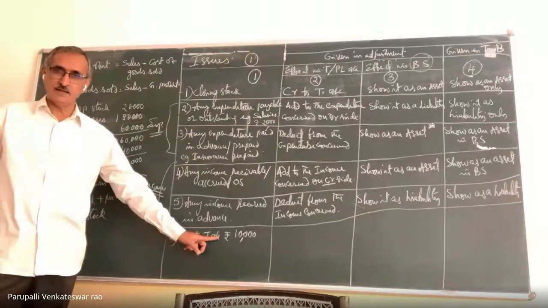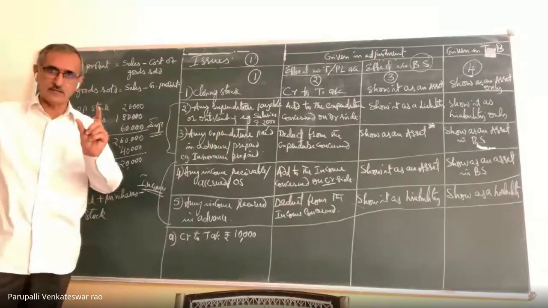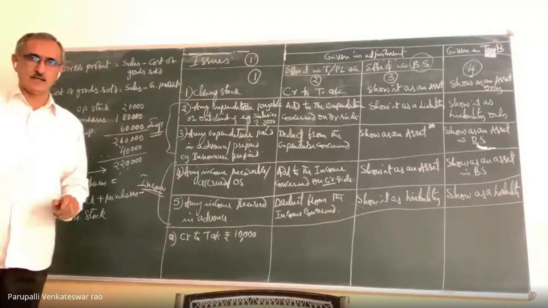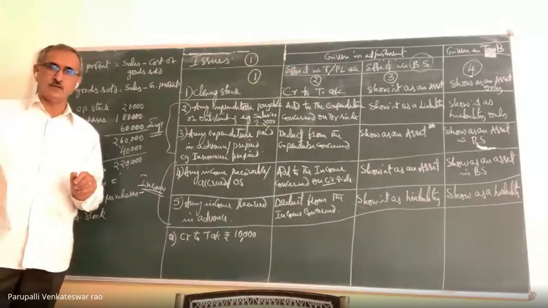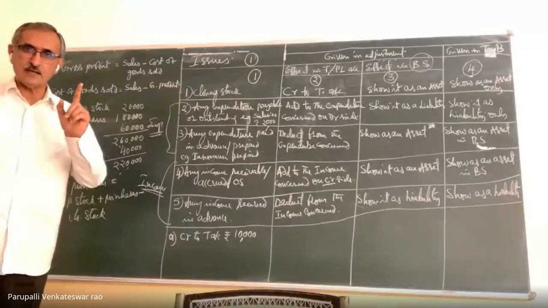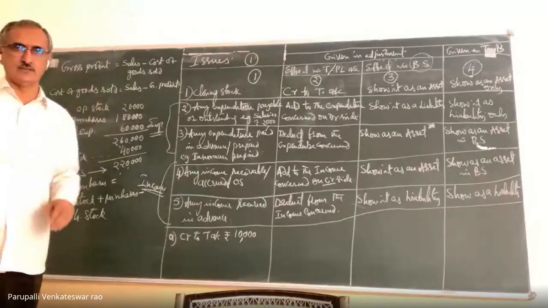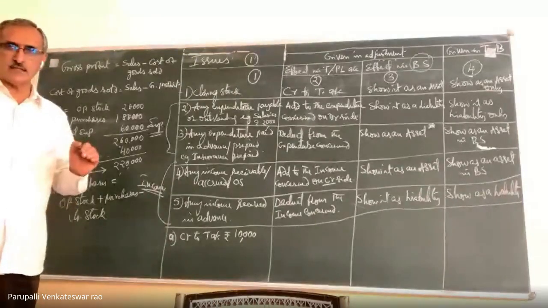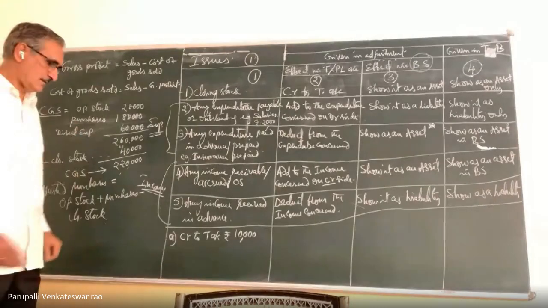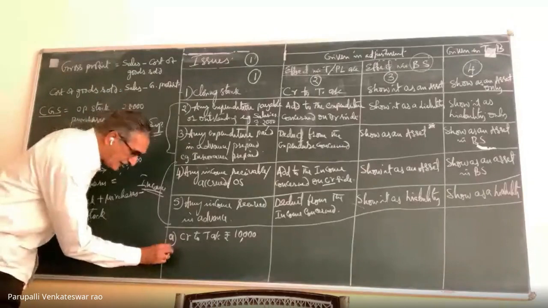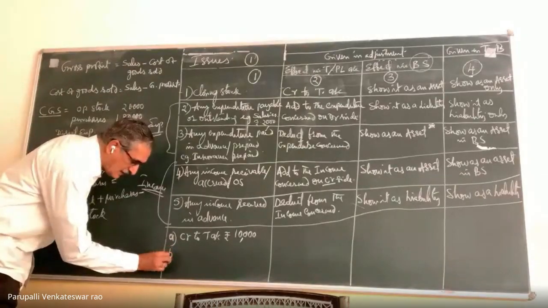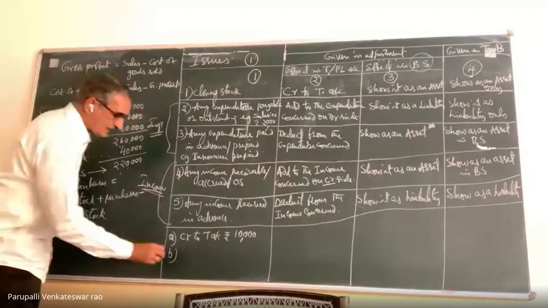Okay, clear? I gave an example. 10,000 is the total loss. The insurance company admitted the claim of 8,000, meaning they promised to pay only 8,000. The actual loss is 2,000. So what is B? A is the total 10,000 credit to trading account.